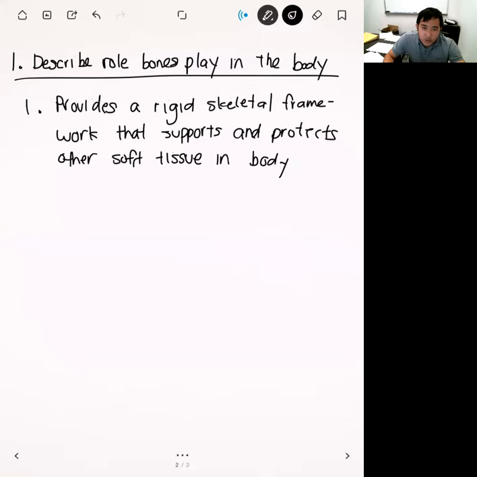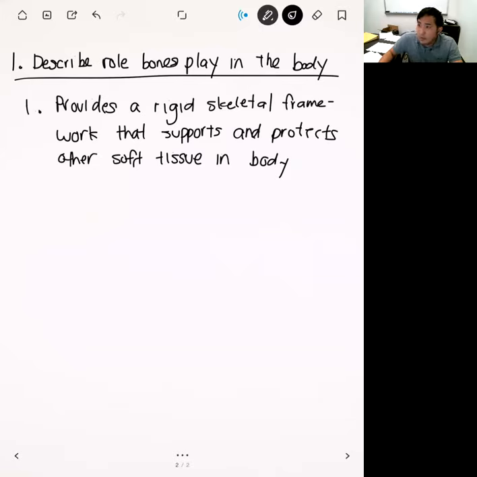Think about the pillars that support a building. These are the parts of the building that sustain the most stresses, the most loads. It's the same thing for the skeleton. Because bones are so strong, they're going to be sustaining most of the loads. Typically, for a normal human, this is going to be gravitational loads, so just standing up or sitting down, your body's going to sustain those loads from gravity.